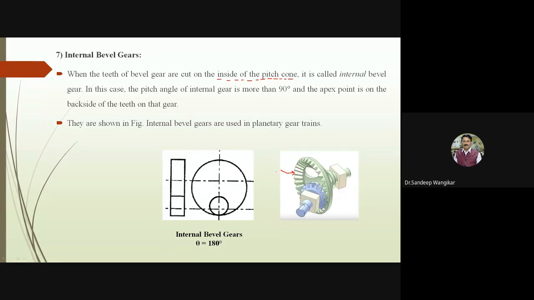Internal bevel gears are used in planetary gear trains. We have discussed the concept of planetary gear train in spur gear, and these internal bevel gears are also used in the case of planetary gear trains. So this is all about the classification.